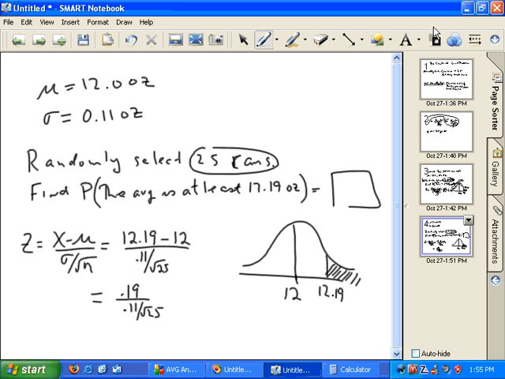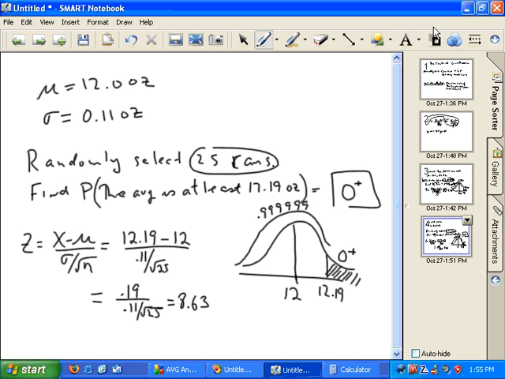This is well over 3, which is 8.63. Well, that would mean that that area is 0.999999 forever. The answer will be just a little bit more than 0. 0.00000, I don't know how many, 1.